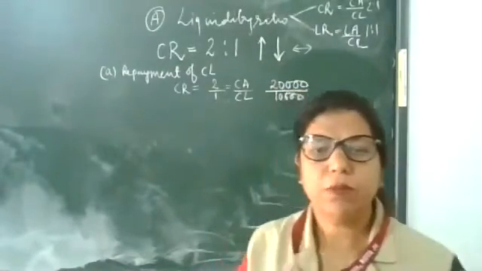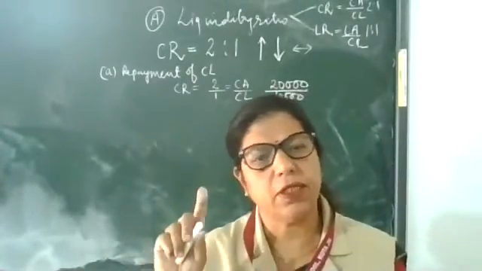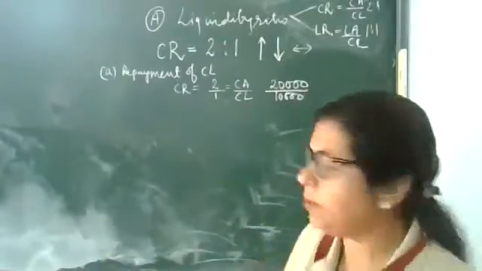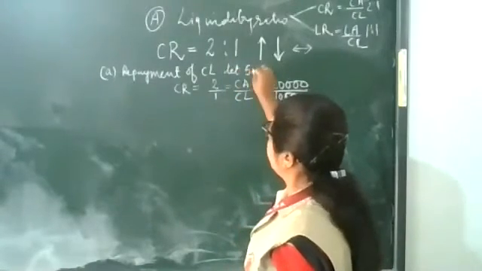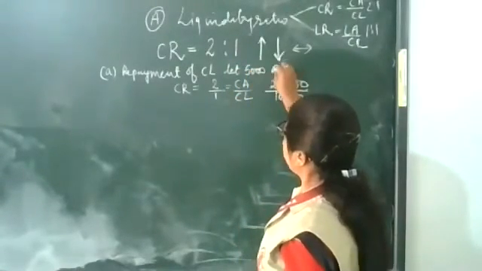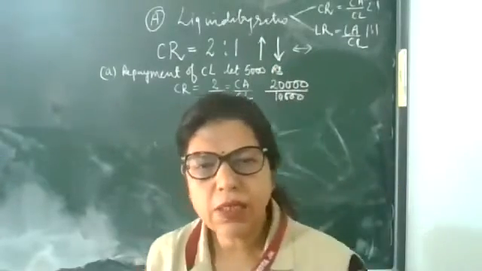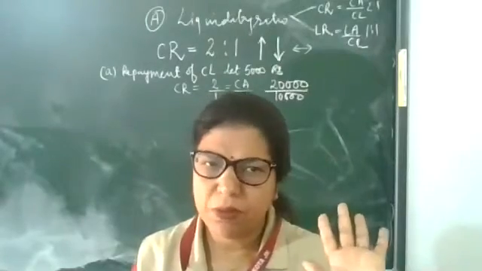We assume this because when we cut the zeros, the ultimate result is 2:1. Now, repayment of current liability: you can assume 5,000 rupees. It means current liabilities are being paid, 5,000.